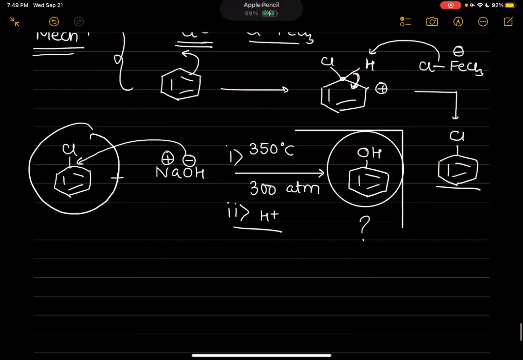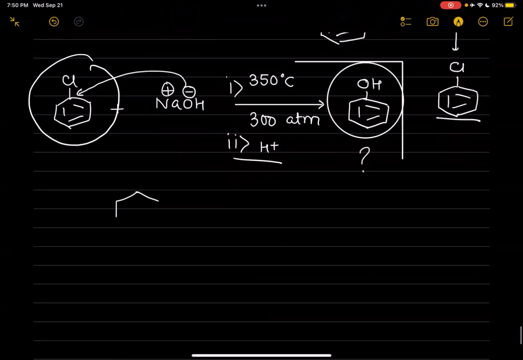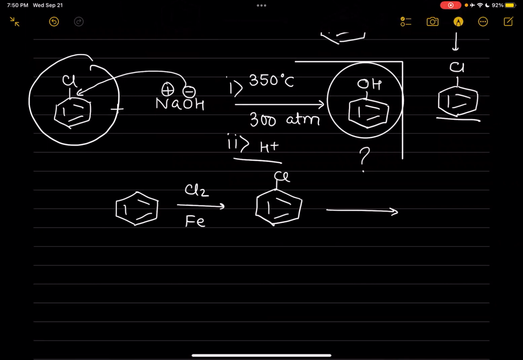So directly, from benzene to phenol, it is not possible. So first you bring in some group which can be removed easily, that is Cl. And how did you bring in this Cl? By reacting it with chlorine and FeCl3. You can write Fe or FeCl3, but you don't need any light.